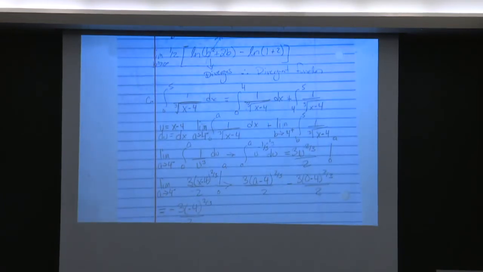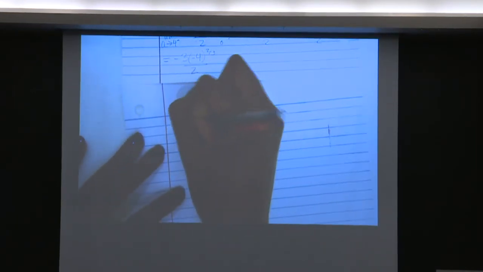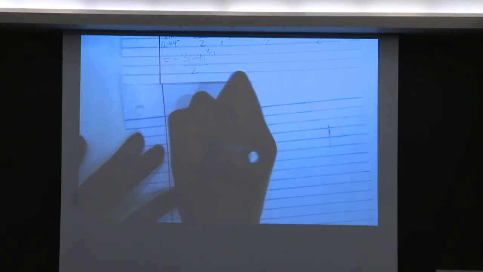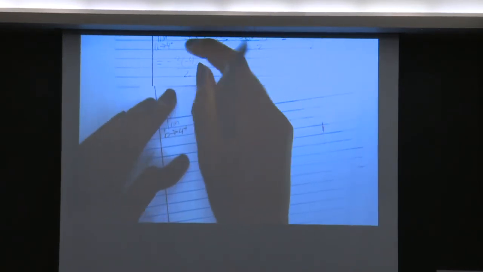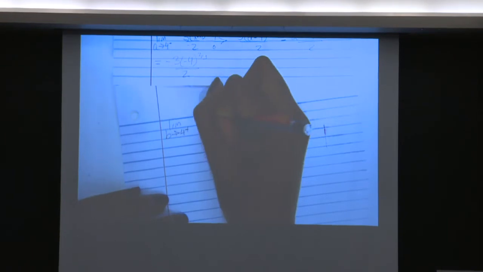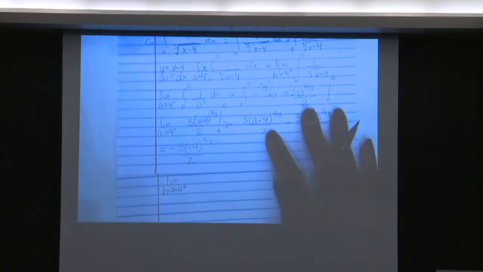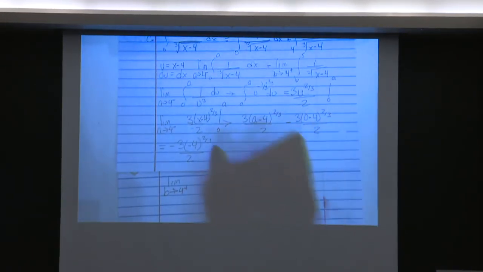Now I have to go on to take the integral of my next function: the limit as B approaches 4 from the right. That's not an integral sign. Yes. Can you see both? No problem. Okay.